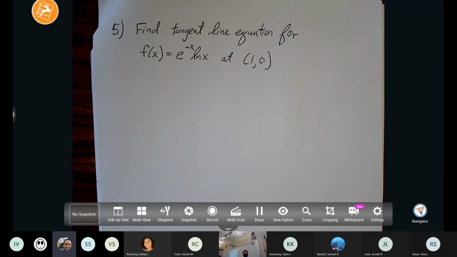So we need to find our slope. Because we already have the ordered pair, we just need to find slope. So how do we find slope? First, find what? The derivative. Yeah. And to find the derivative, we have to use what method here? Product rule. Yeah, try that.